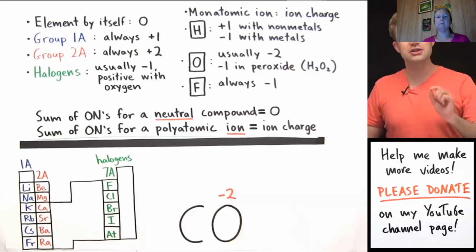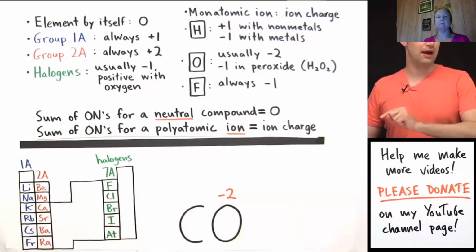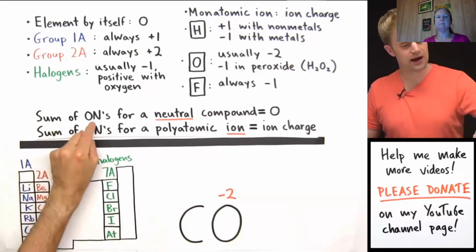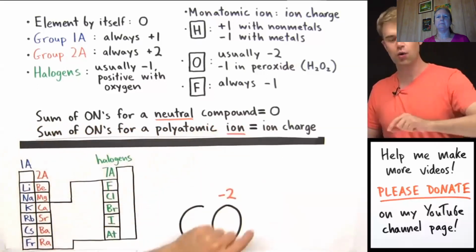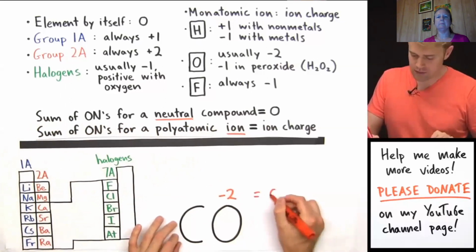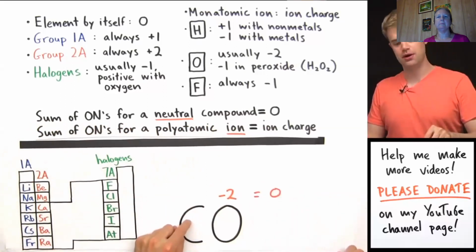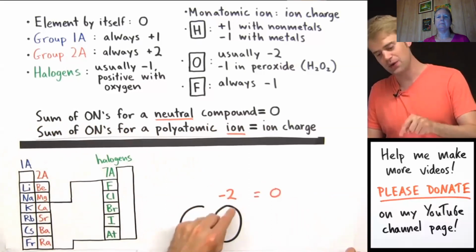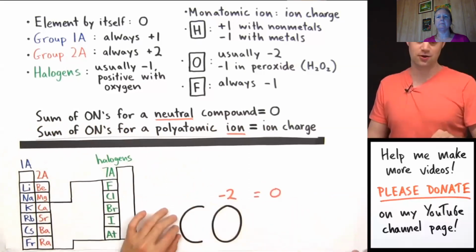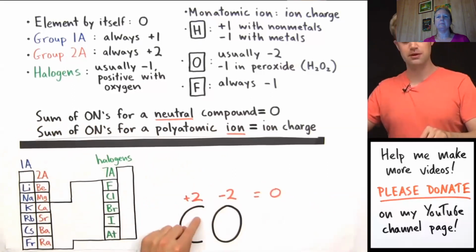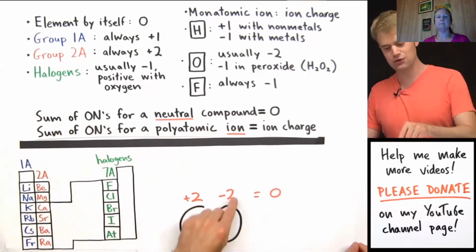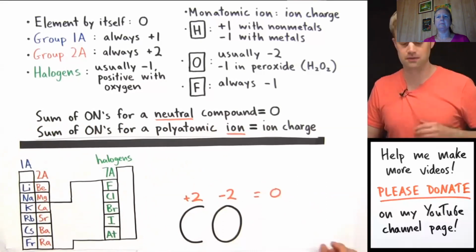Now, let's use this other piece of information that we know, and that's the sum of oxidation numbers for a neutral compound should equal 0. So whatever carbon's oxidation number is should add together with oxygen's to make 0. So we can figure out that carbon's oxidation number should be plus 2. Minus 2 from oxygen gives us 0.